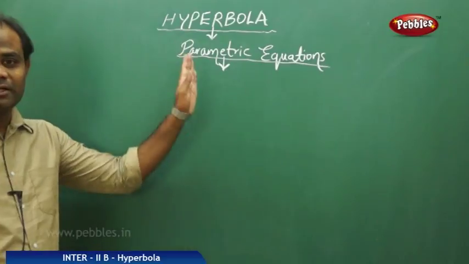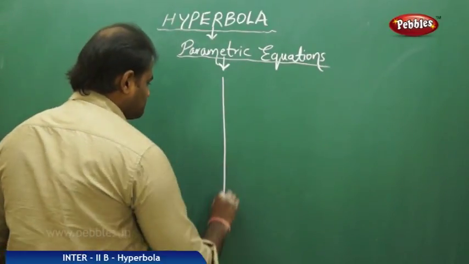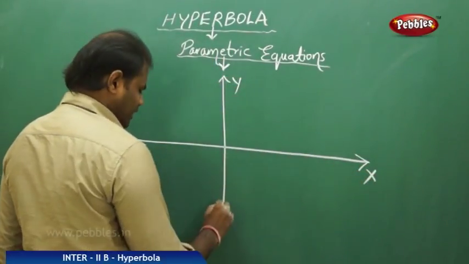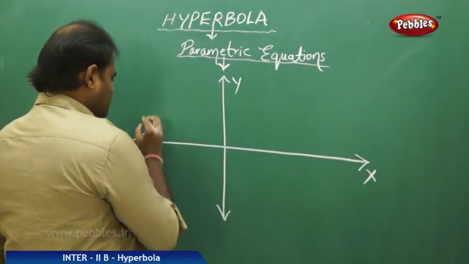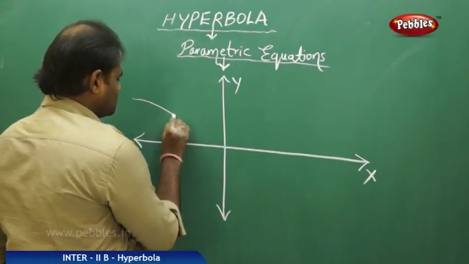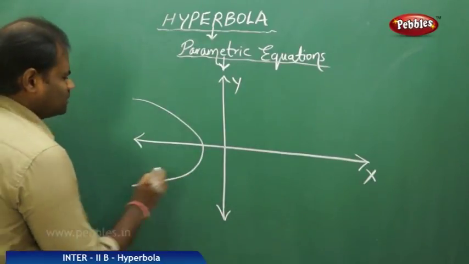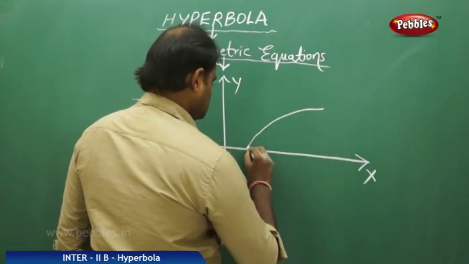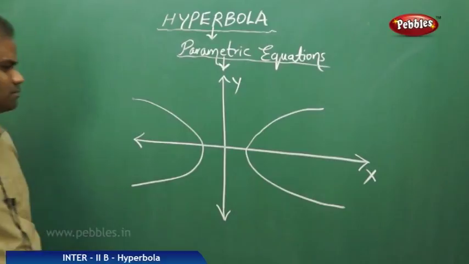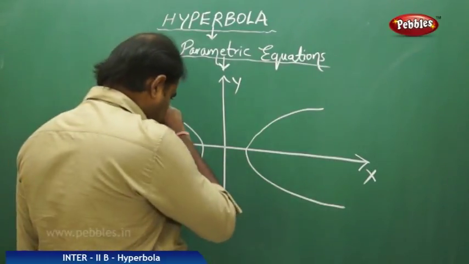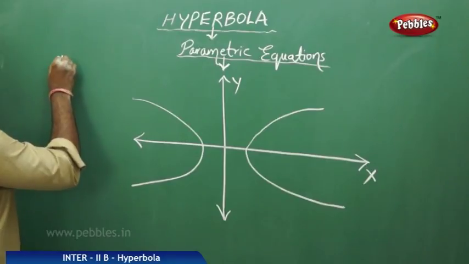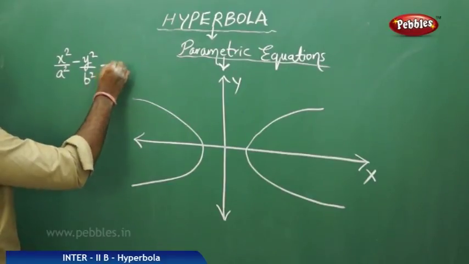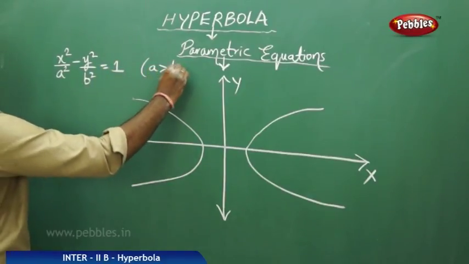Here I take the standard form of the hyperbola with x-axis and y-axis. The equation of this hyperbola is given by x squared by a squared minus y squared by b squared equal to 1, with a greater than b.